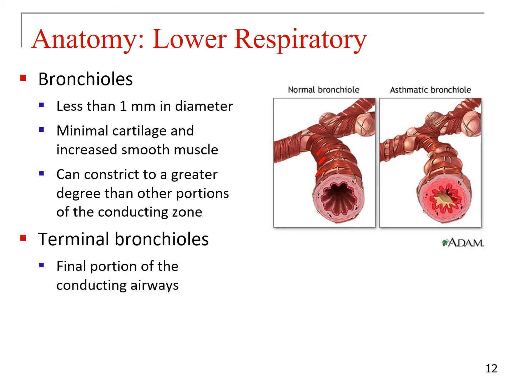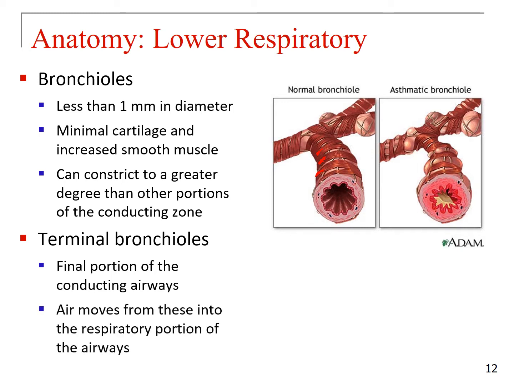Okay, now the terminal bronchioles are your very last portion of the conducting airways. And air will move from these into the respiratory portion of the airways. Now there is something else that I wanted to mention here. I wanted to show you a picture of an asthmatic bronchiole so that you could see a number of things about it. For one thing, the muscle layer is a little bit thicker. You have an overproduction of mucus within the bronchiole.